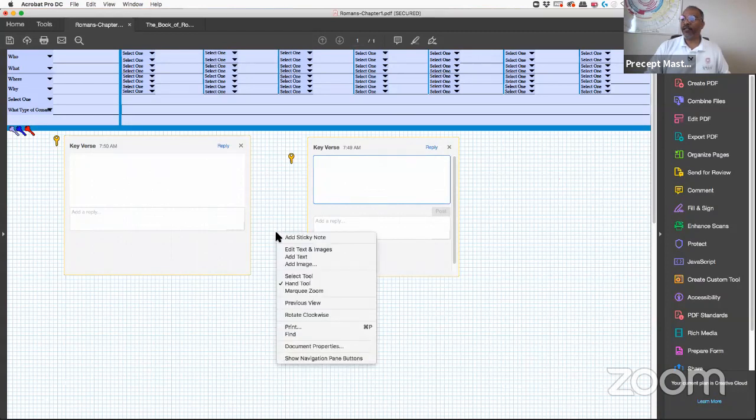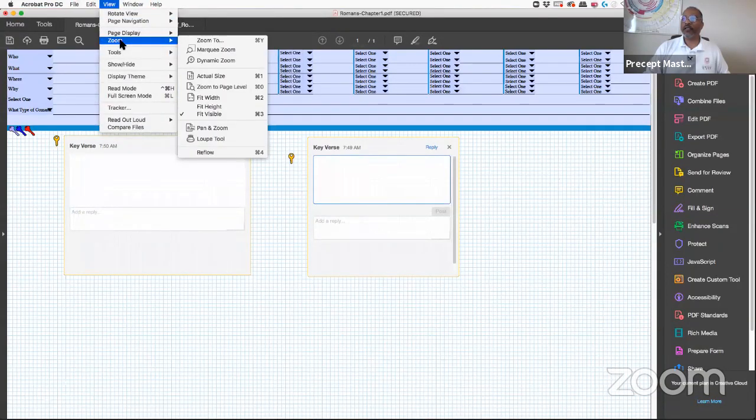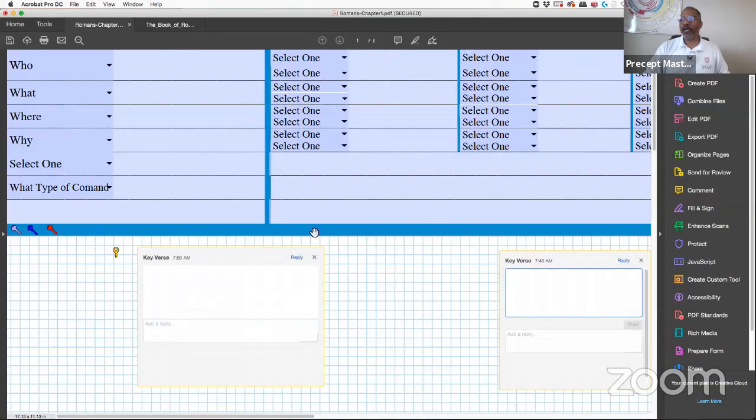I need to, because I want to make sure you guys can see it. For some reason, it does not want to move in. I'm seeing right there where you can see it, but I'm not sure if everybody can see it good. I want to zoom in a little bit more. Let me just go down to 200. That's what I want. I don't know why it's forcing me to do it that way.